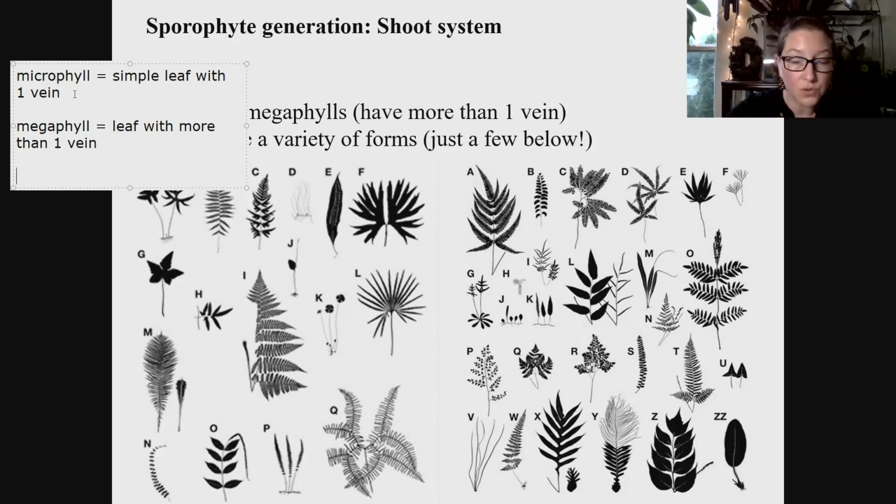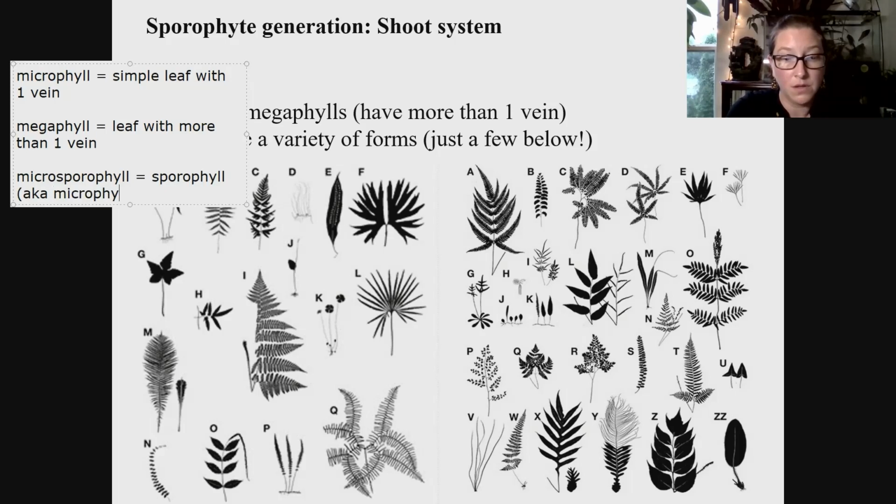Don't get that confused with, for example, microsporophyll, which is a sporophyll, aka microphyll with sporangia on it that has microsporangia, right?